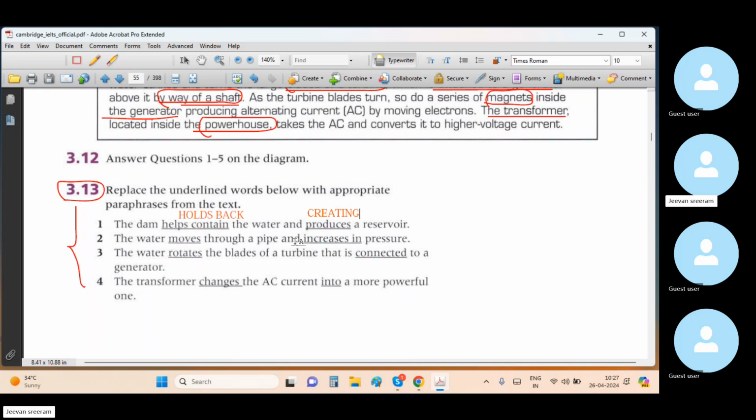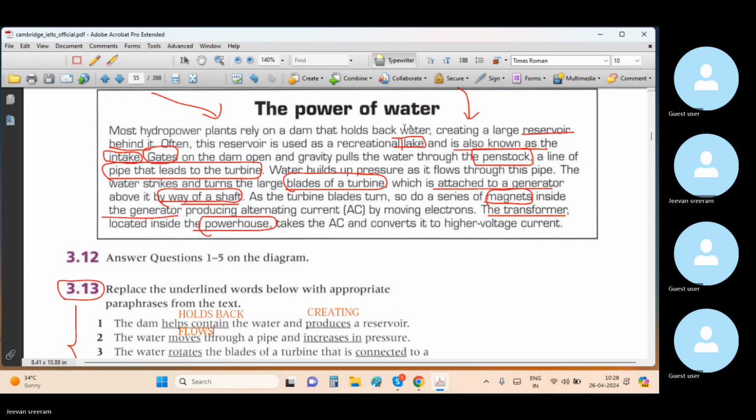The water moves through the pipe and increases in pressure. Instead of moves, what do I have to write? We have flows through. Flows through the pipe. You can see here, no? In the statement it was given moves through.